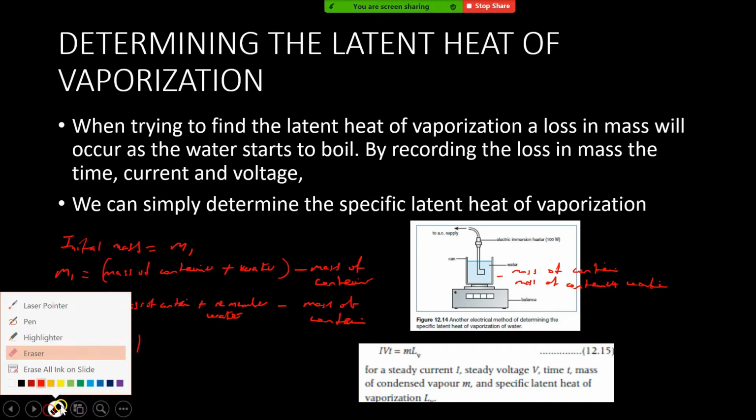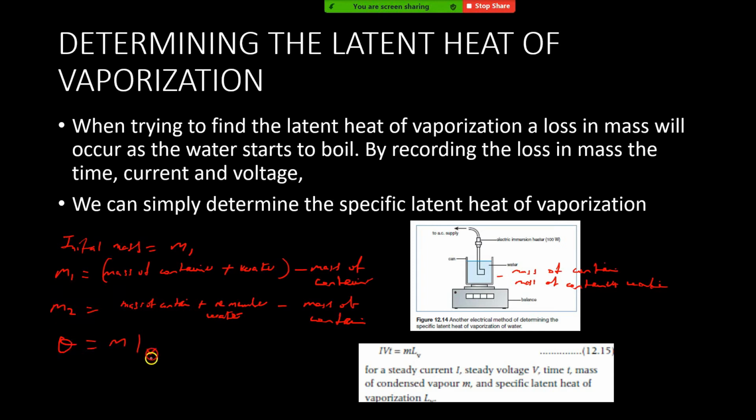Having said that, we are not completely there because this M is the change in M. So we have to rewrite it as Q is equal to M1 minus M2, times LF. Now Q is the energy. Q is equal to the energy.